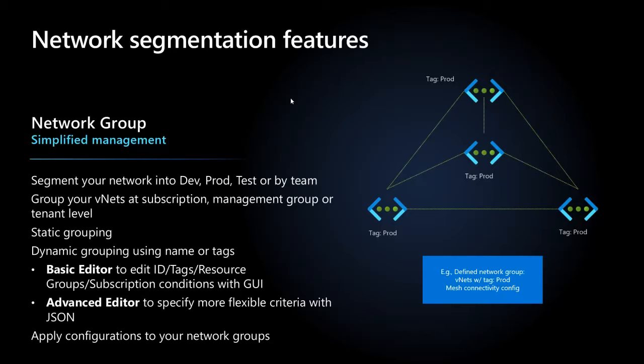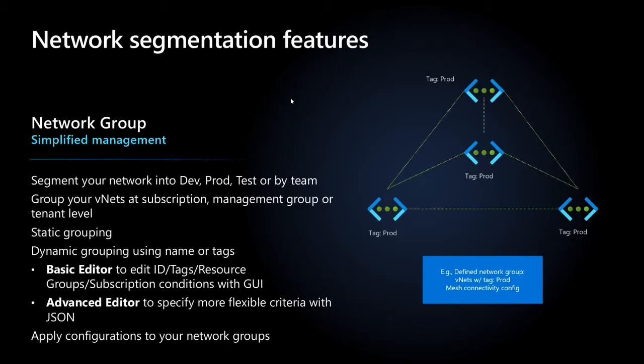There are two ways that you can define your dynamic grouping: basic editor and advanced editor. For the basic editor, we already created some categories that you can use out of the box: tags, resource groups, subscription, etc., with a GUI.